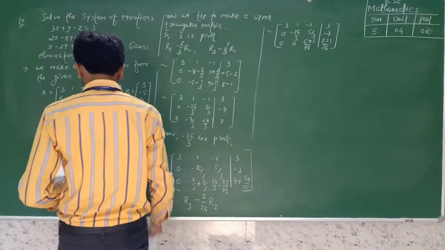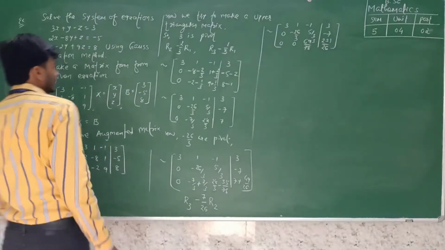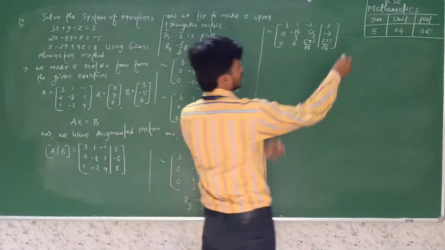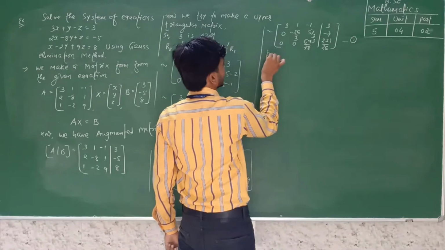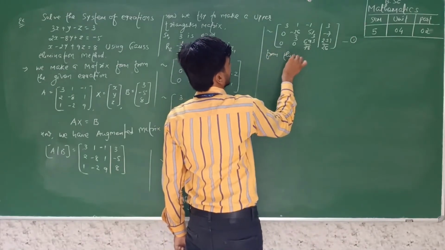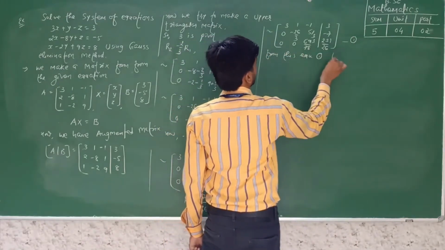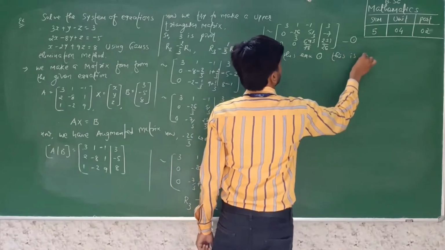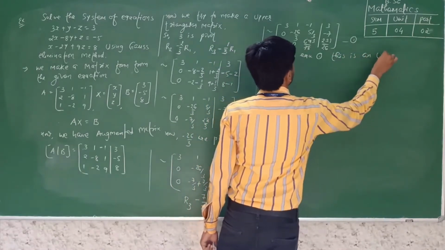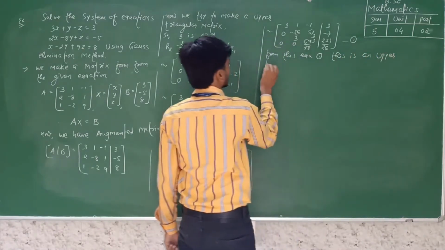So from this equation, this matrix is an upper triangular matrix.